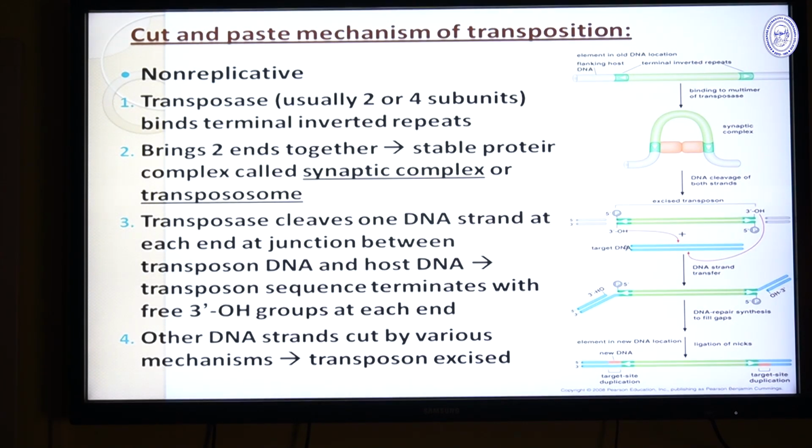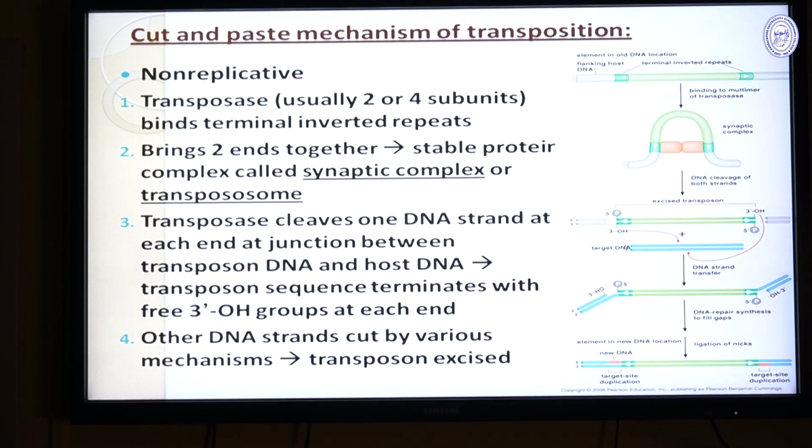The cleaving happens firstly at the 3' end, so that a 3' OH is created in the 2 strands, and then in successive steps the 5' phosphate is also cleaved. There is a rather complicated mechanism here, but because I am delivering a lecture for UG honors students, you don't need to get involved with those complications right now.